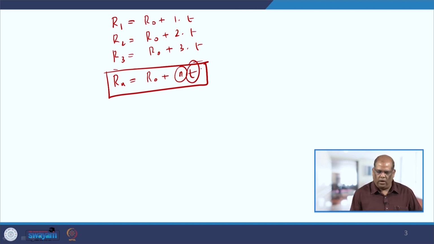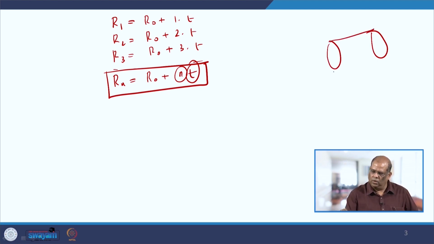Let us look into the length. If I open it once, it is going to take this length.